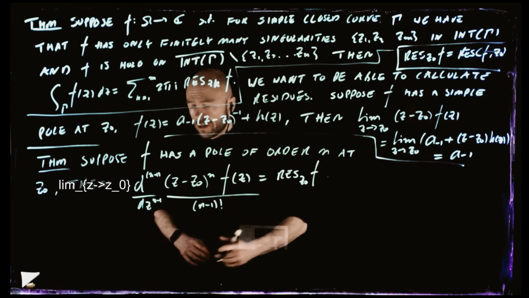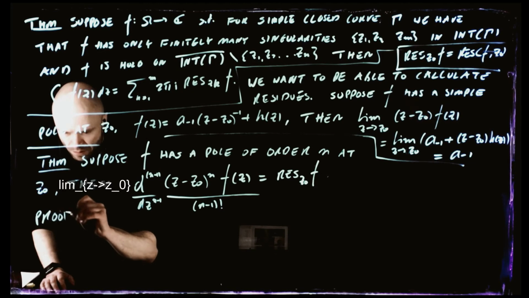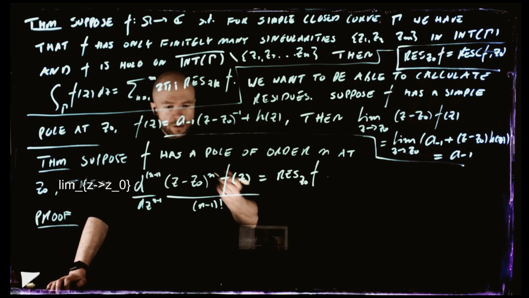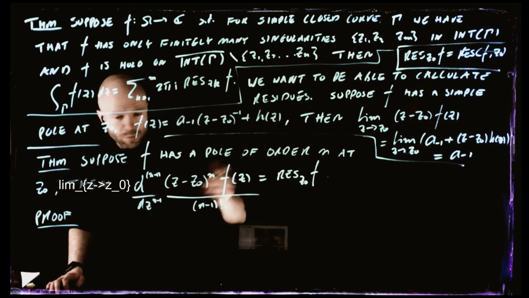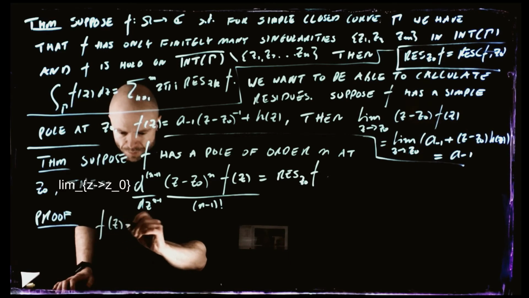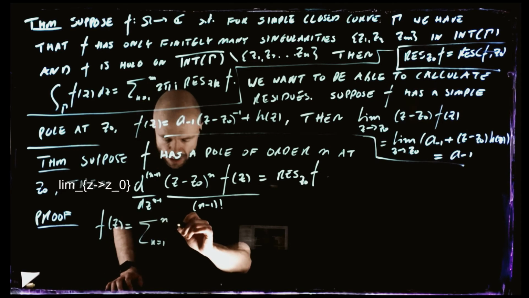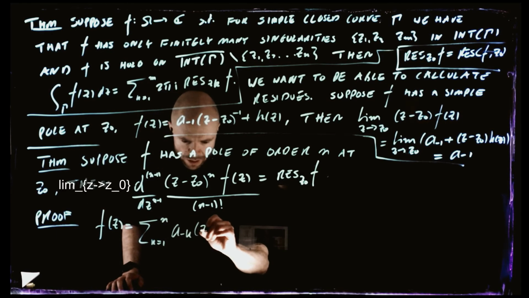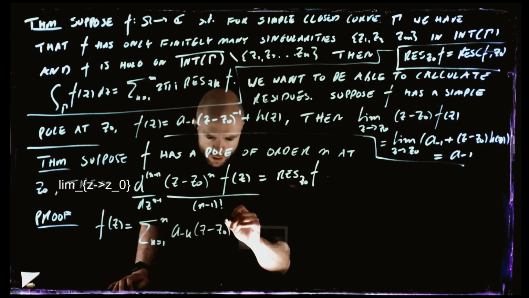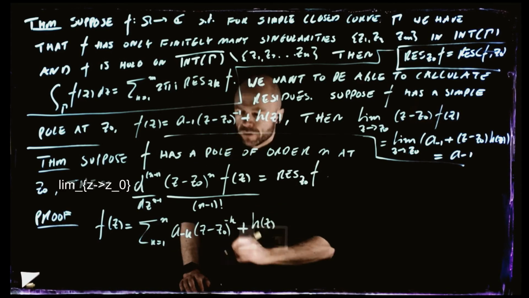All right, so this is what we have. So why is this true? This is a calculation. If f has a pole of order n, what does that mean? That means f(z) is of this form: the sum from k equals 1 up to n of a_{-k}(z - z0)^{-k}, plus the holomorphic part that we don't have to worry about.